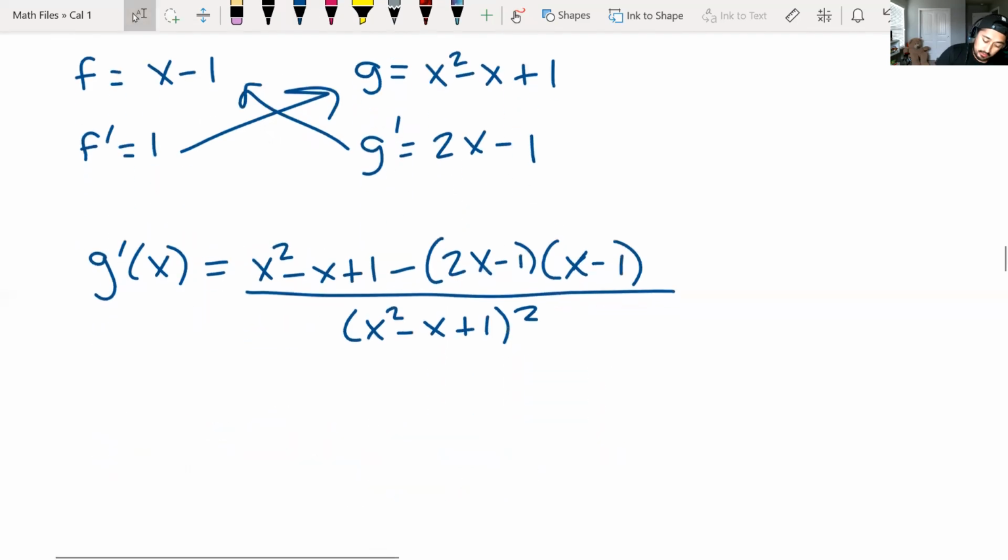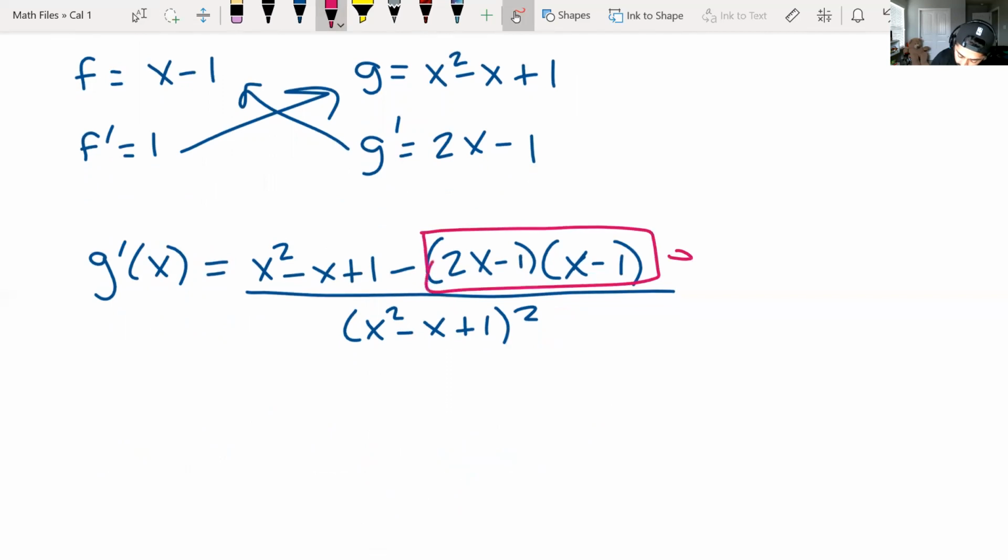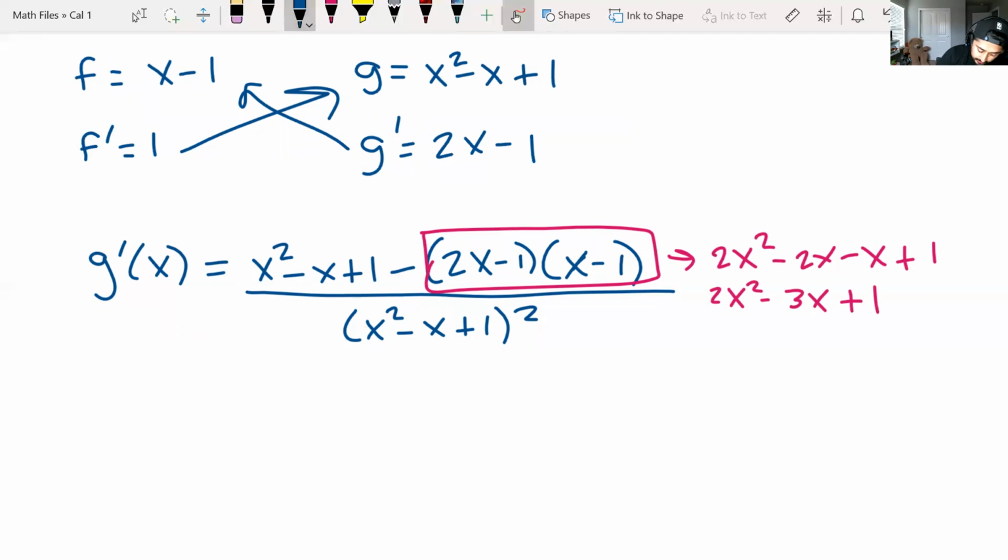Okay, clean up. This becomes 2x squared minus 2x minus x plus 1, which becomes 2x squared minus 3x plus 1. So I move to my next step.